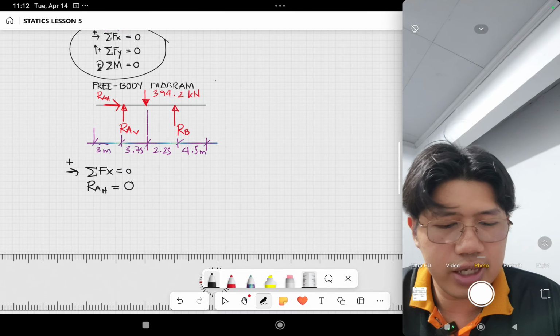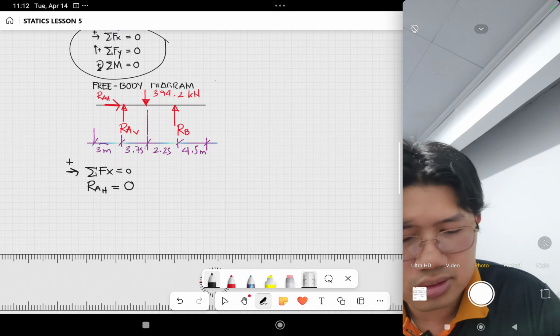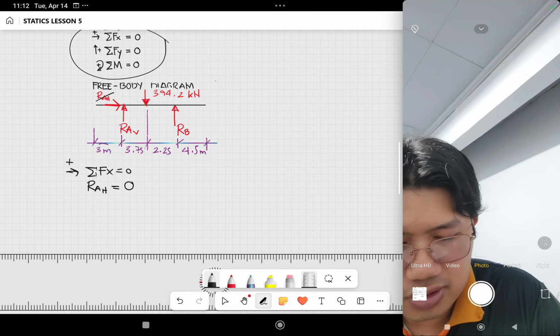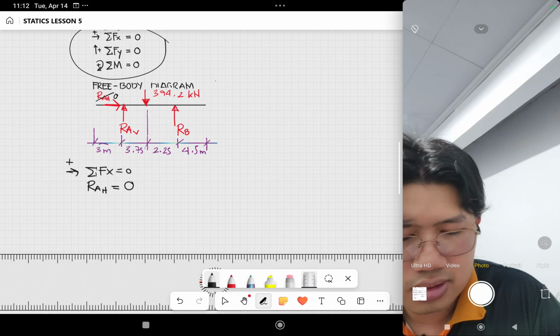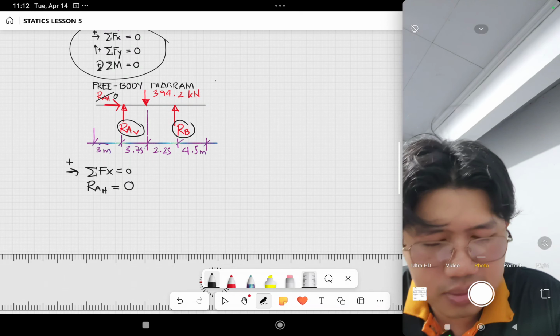Okay? Next is we have two unknowns na lang. So, we have solved this one. This is 0. So, we only have RAV and RB. Okay? So, paano natin masosolve to?